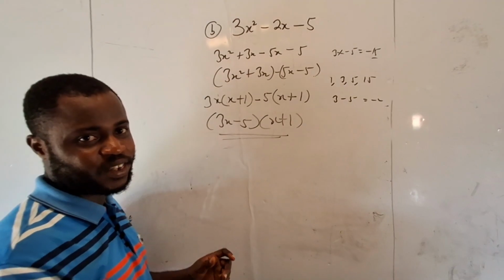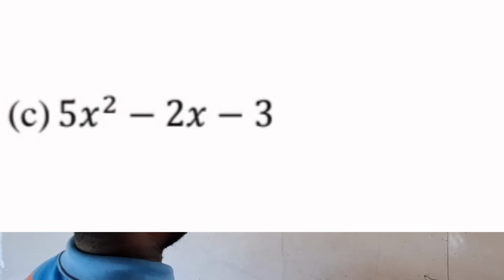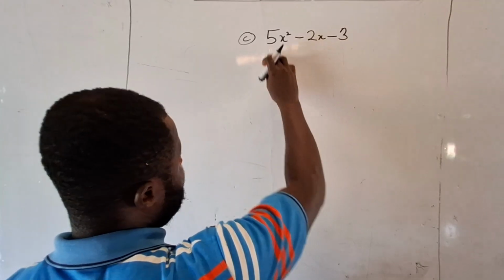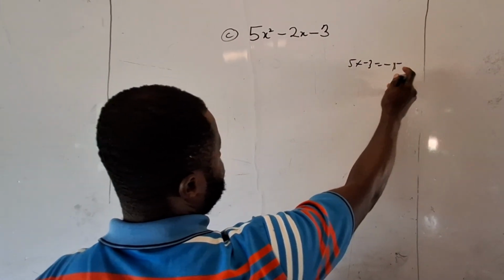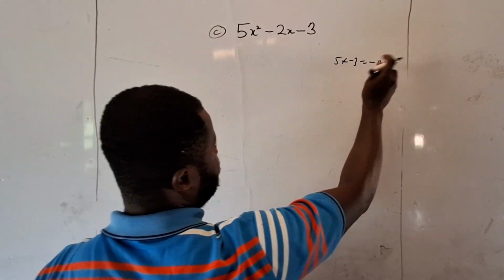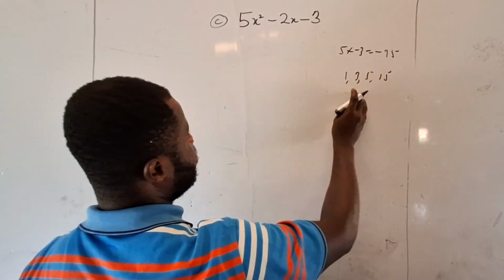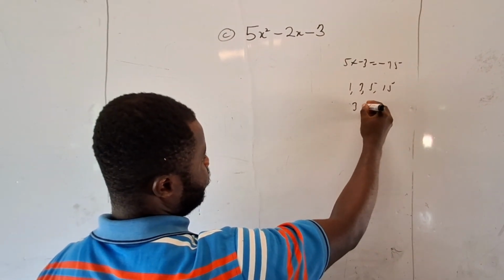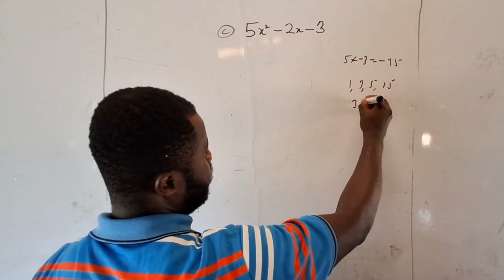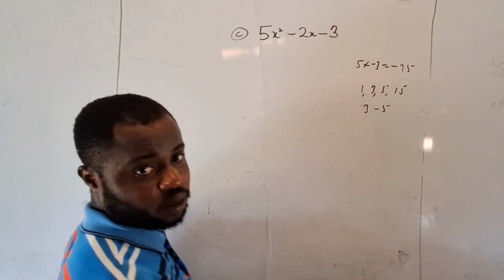Another question on this. We have factorized completely 5x squared minus 2x minus 3. So we are going to multiply the 5 by negative 3, which will give us negative 15. So it means you have to find the factors of 15, 1, 3, 5, and 15. Now the two numbers, we can have our 3, then minus 5.